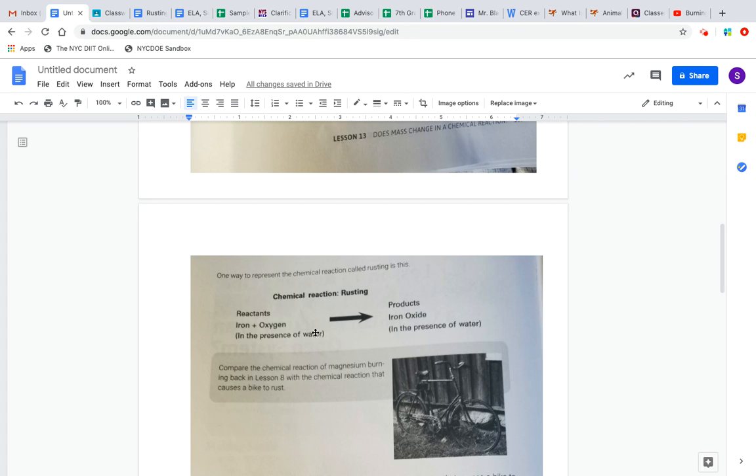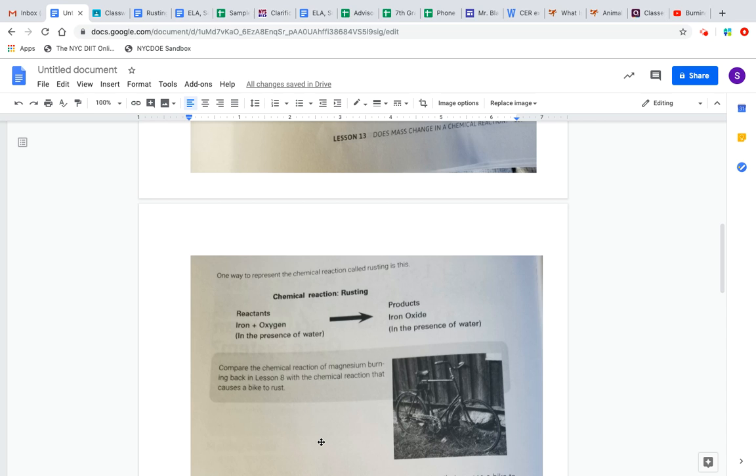Yes, you guys are amazing. Excellent. And then the product, just the end result, is iron oxide. And again, that's only in the presence of water. So, some type of rain or something, if the item gets wet, over time it starts to rust. That's what they mean by in the presence of water. So, your reactant is what you started off with. You had iron, and then that oxygen starts to touch the iron. Some water mixes in there. That's your reactant. And then your end product becomes iron oxide.